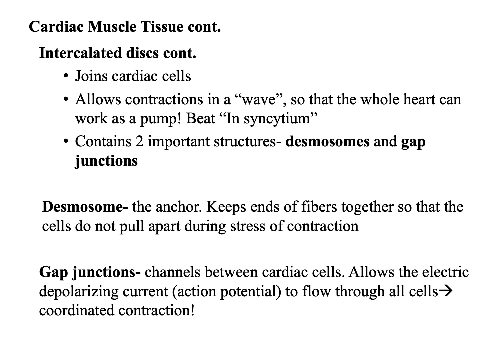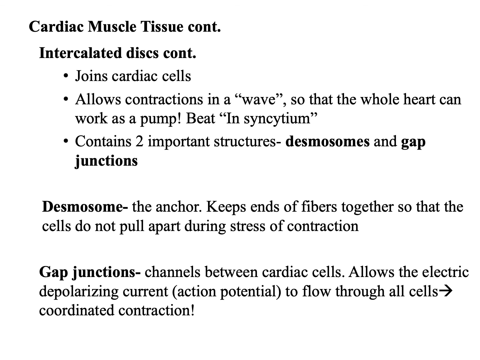And I've mentioned already, the intercalated discs have the desmosomes that are like the zippers to make sure that those cells don't come apart. That would be bad if our heart muscle cells disconnected from each other. Also inside those intercalated discs, besides the desmosomes, are gap junctions to make sure that that electricity can pass through each and every cell as a wave so that your heart can go lub-dub, lub-dub, lub-dub.